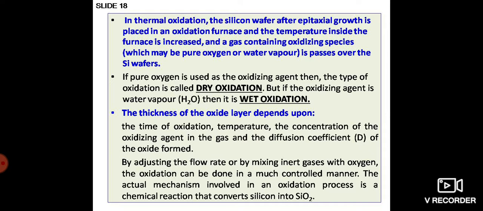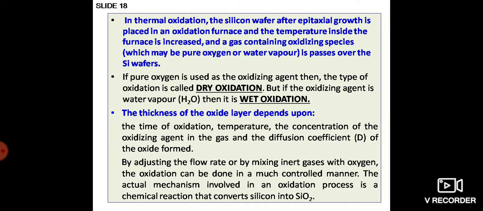Firstly, in thermal oxidation, the silicon wafers after the epitaxial growth are placed in the oxidation furnace on a quartz boat, as I already told you, and the temperature inside the oxidation furnace is increased to approximately 1000 degrees centigrade or above, and the gas mixture containing the oxidizing species is passed over the wafers to form the oxide layer.